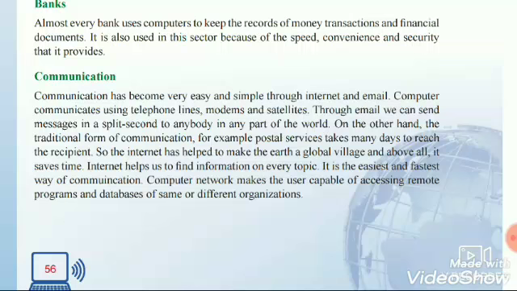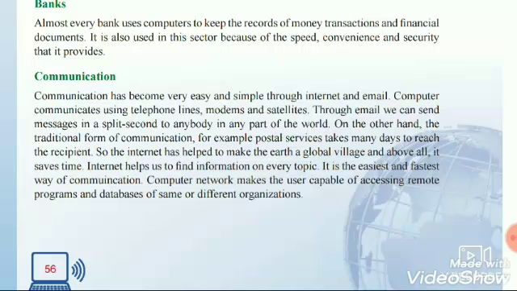The internet helps us to find information on every topic. It is the easiest and fastest way of communication, and a computer network makes the user capable of accessing remote programs and databases of some or different organizations. By using computers we can communicate with anyone in the whole world, and we can send email and messages in a split second to anybody. The internet has helped to make the earth a global village, and in this global village we can find information on any topic.